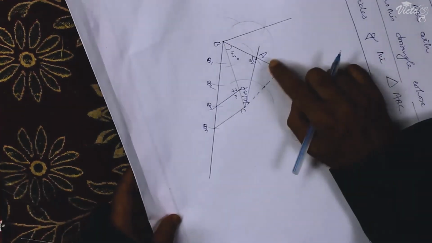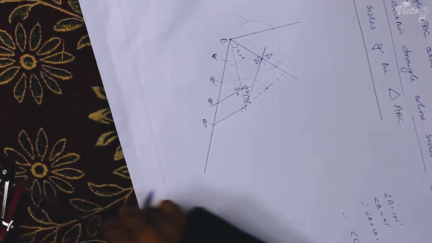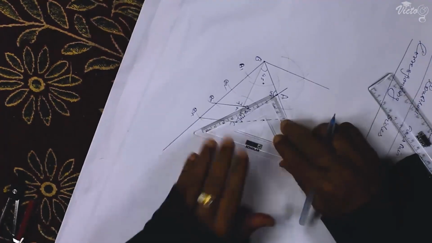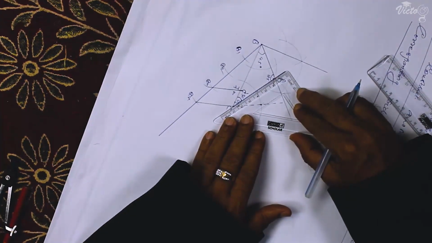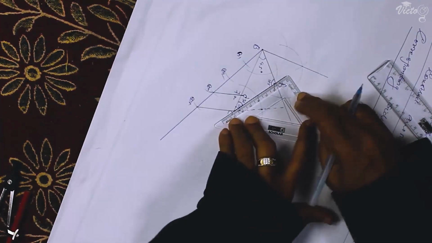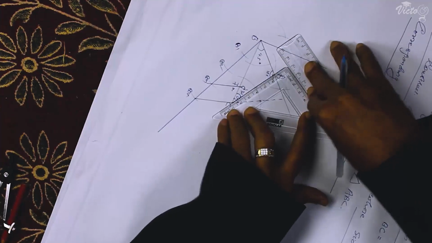Now draw another line segment parallel to AC through the point C dash. For that, fix one side of the set square along AC. Press the scale on the other side.